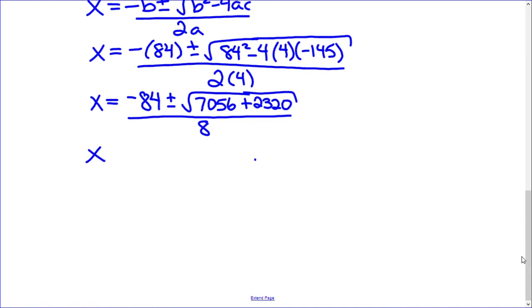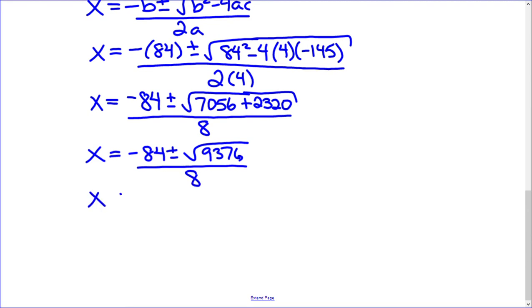So we're almost to the point where we can just simplify and take an approximation here. We just have to add this together. So 7,056 plus 2,320 gives me 9,376. And all that is over 8.